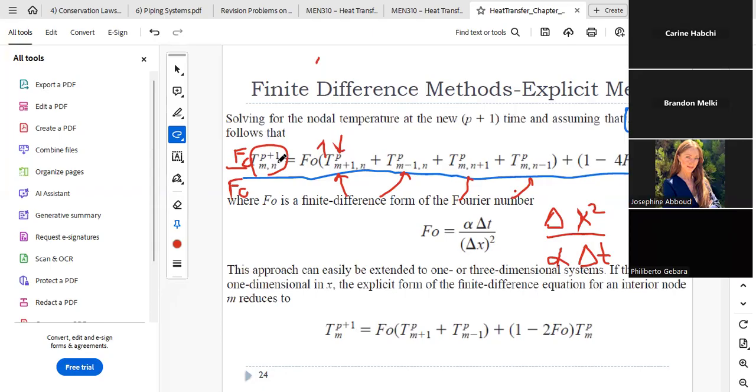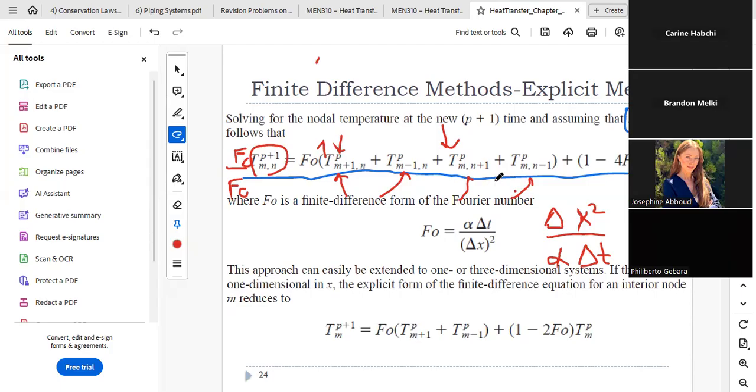So this equation we call the explicit form, which will allow us to solve for temperature at time p plus 1 as a function of all temperatures in adjacent cells at time p. Okay?